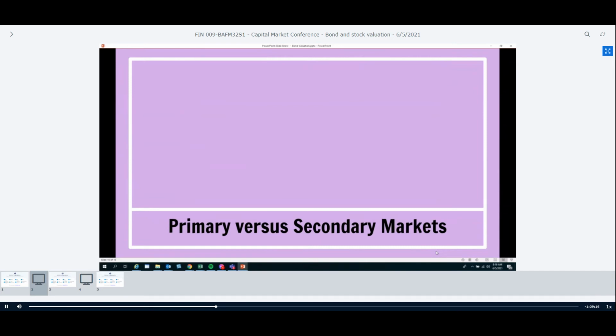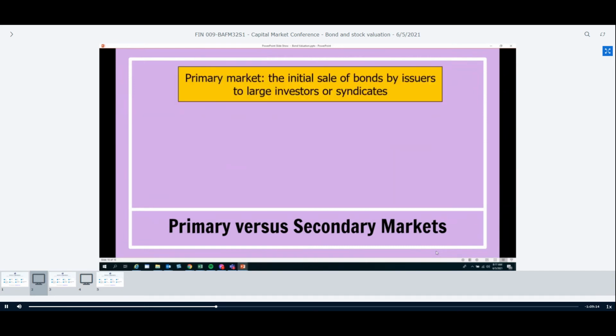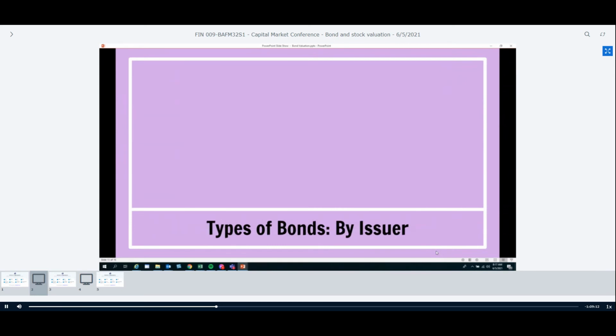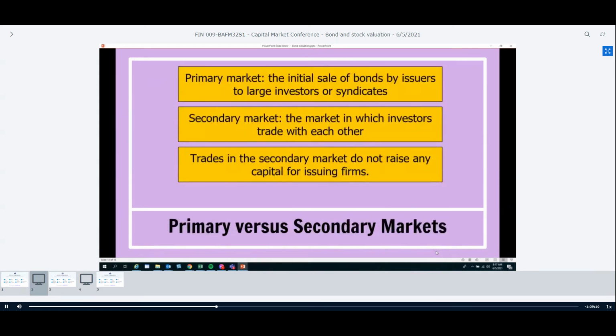So primary market versus secondary market. In the primary market, the initial sale of bonds by issuers to large investors or syndicates. So this is the point where the bonds originate, no? So that's primary market. And again, secondary market, this is where trading happens.